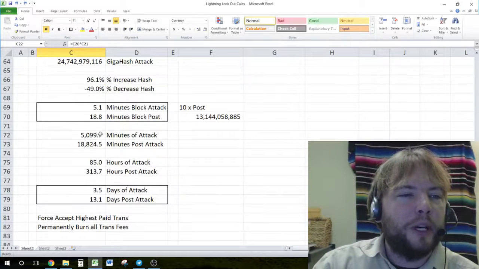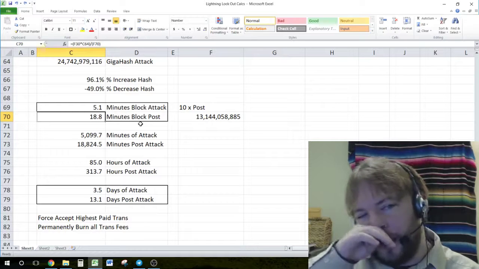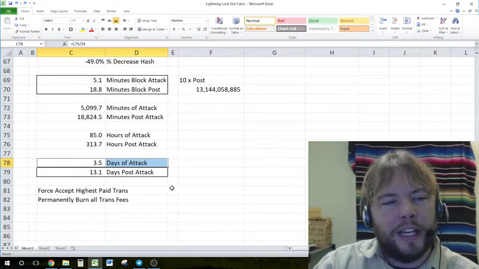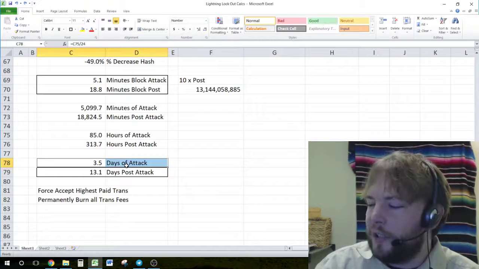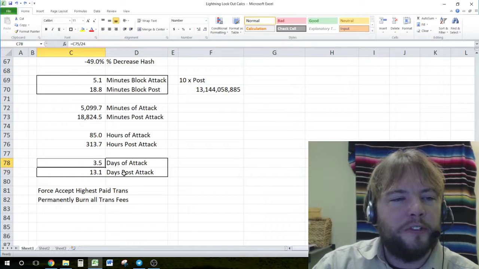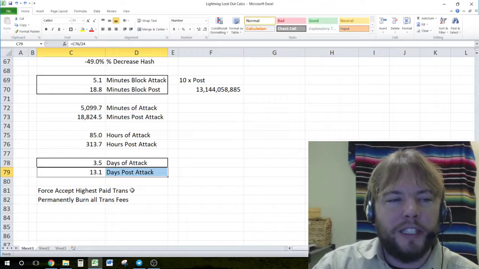And then post-attack, assuming that they're okay with the dollar, then the blocks are going to run about 18, 19 minutes. And so the attack in this situation, since it's by blocks and not actual time and dates, is going to last for 3.5 days, and the recovery period would last roughly 13 days.